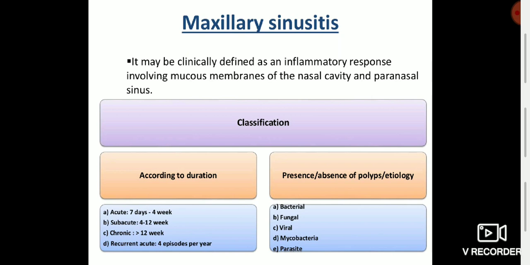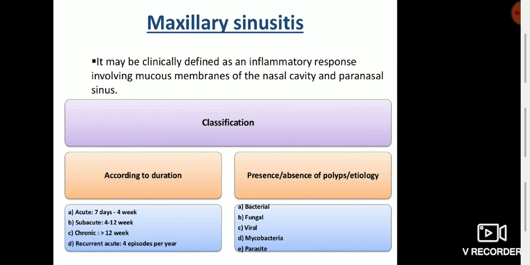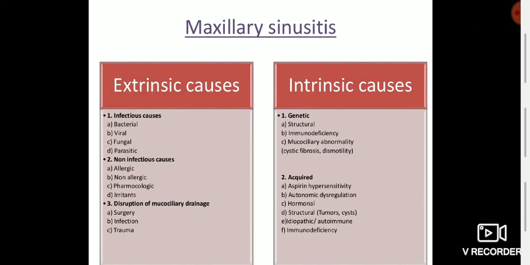Next one is presence or absence of polyps, or etiology. Under this you have bacterial, fungal, viral, mycobacterial and parasites. Coming to the maxillary sinus, you have extrinsic causes and intrinsic causes. Coming to the extrinsic causes, here you have infectious causes, that is, it may be bacterial, viral, fungal or parasitic.